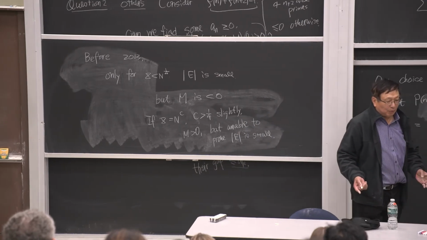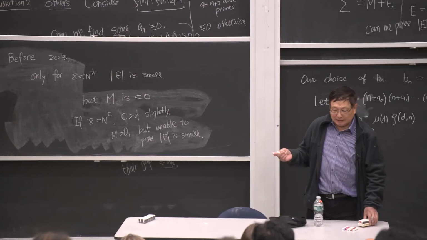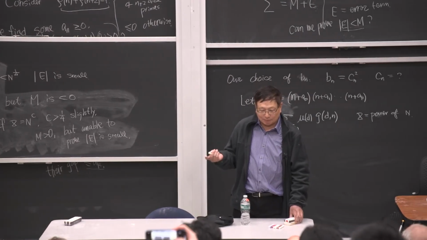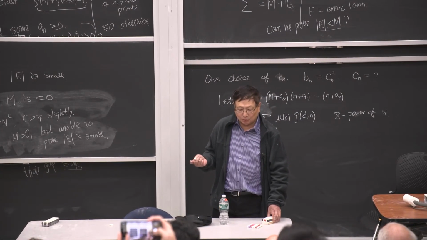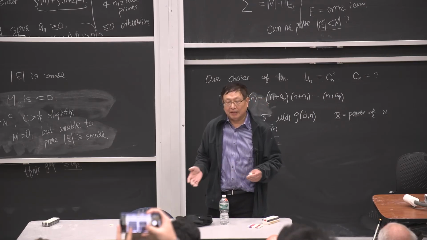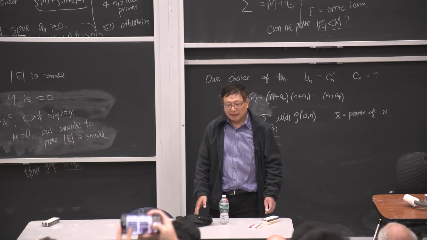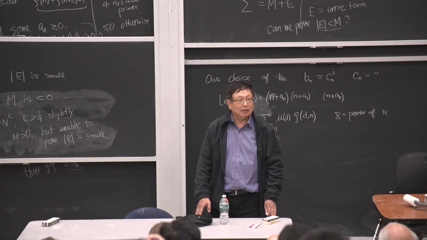Here, I would like to say c equal to 1/4 originally was a consequence of the generalized Riemann hypothesis.